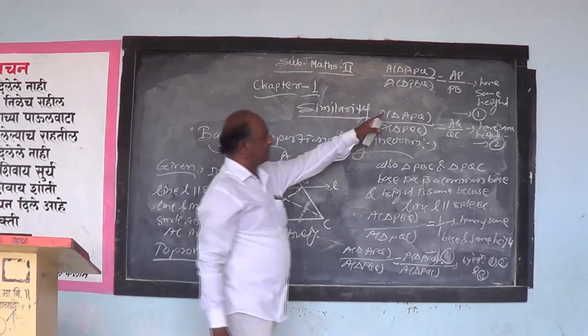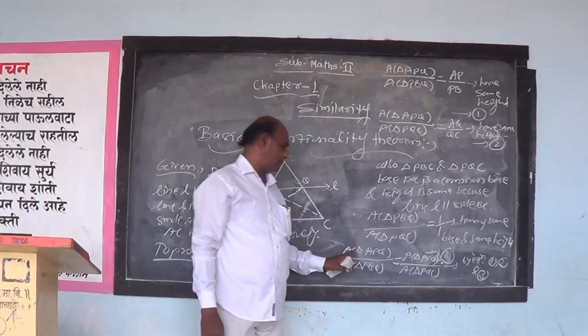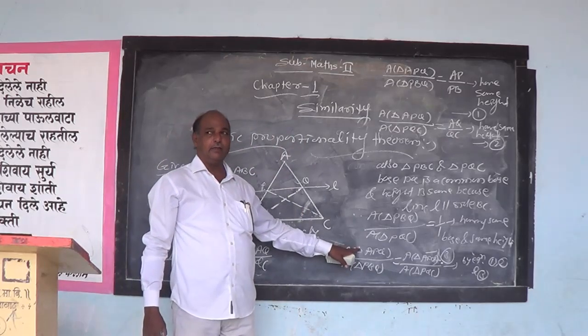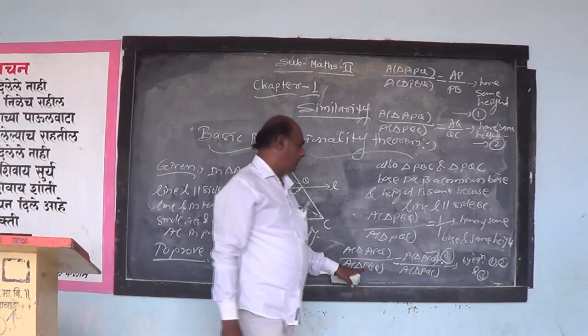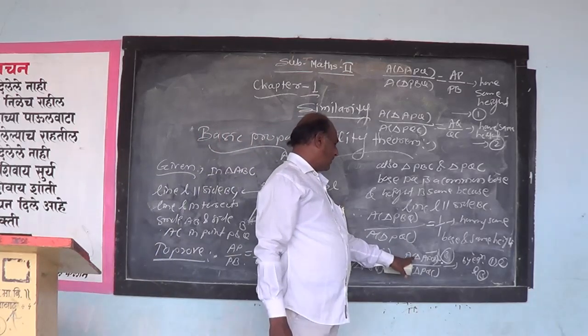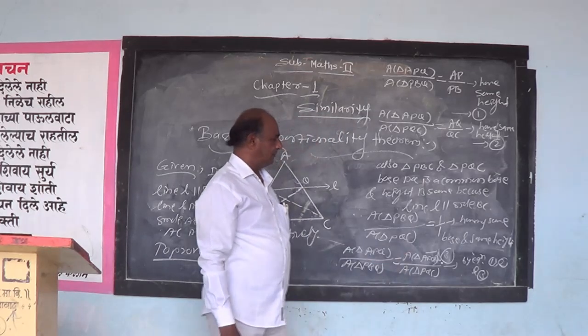And therefore, by equations first, second and third, we get the new relation: area of triangle APQ upon area of triangle PBQ is equal to area of triangle APQ upon area of triangle PQC.